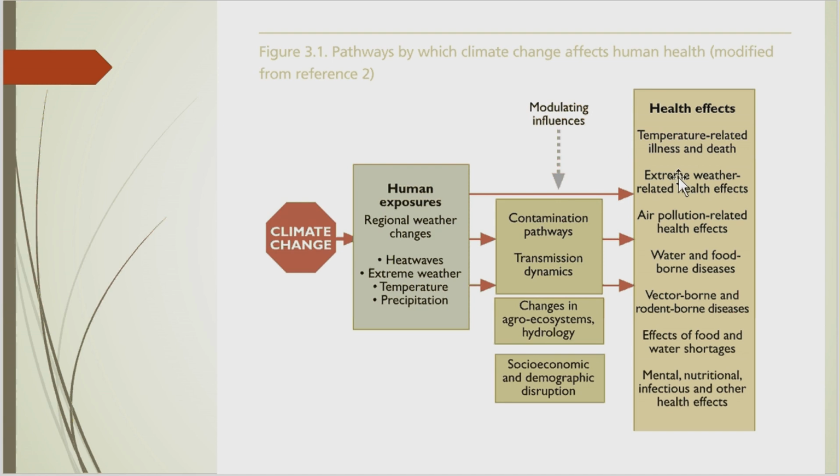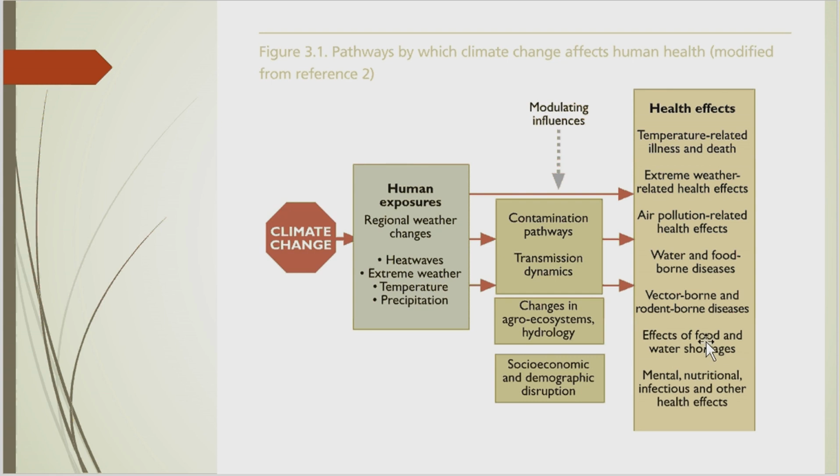Extreme weather effects are going to change with climate change, and temperatures will tend to increase around the world. Water and foodborne diseases will change with changes in things like rainfall and humidity. We're going to get changes in distributions of food and waterborne diseases.